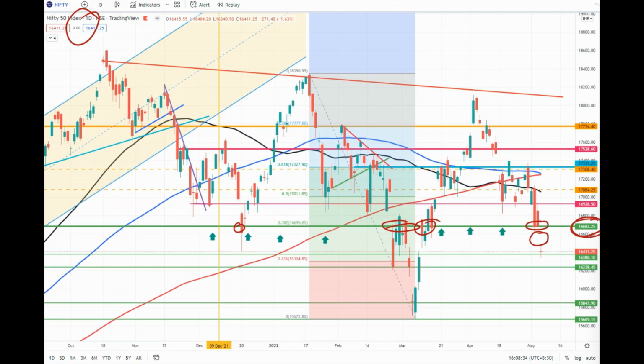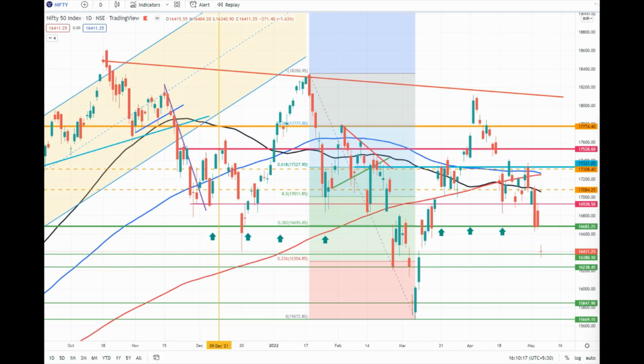So under normal conditions, one can expect the market to move sideways for some time, considering that the overall trend is downwards. If there is a gap down, we may even see lower levels.